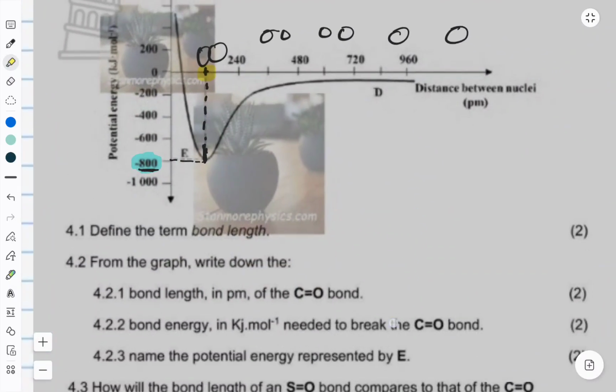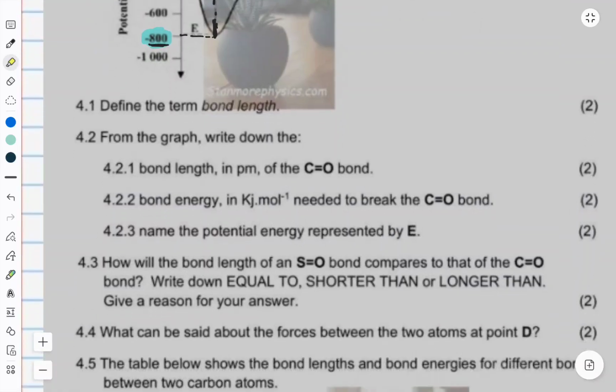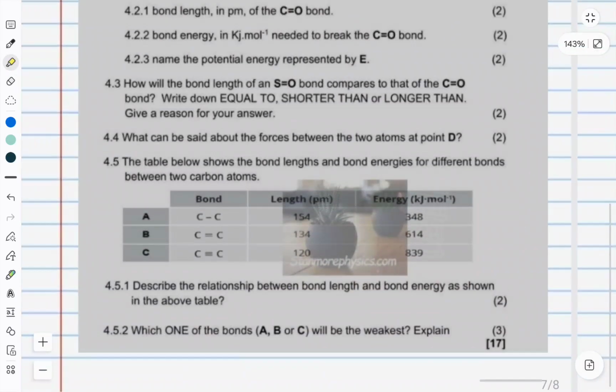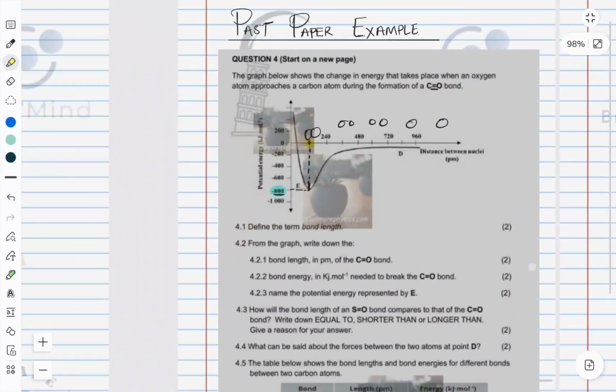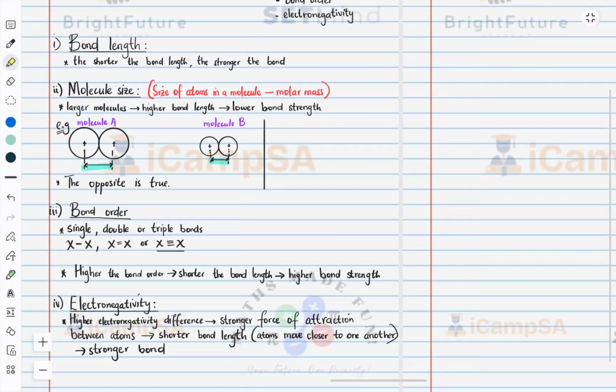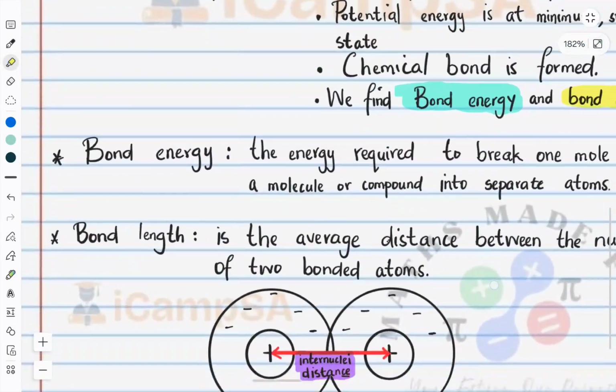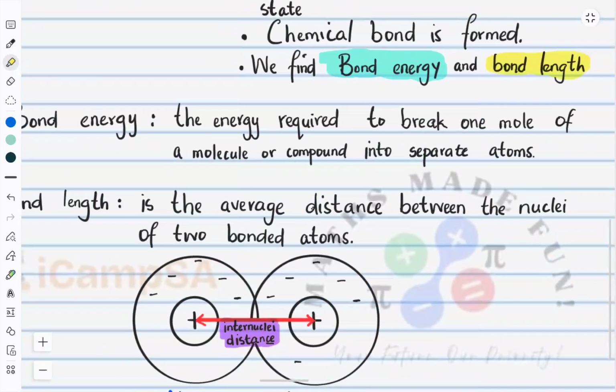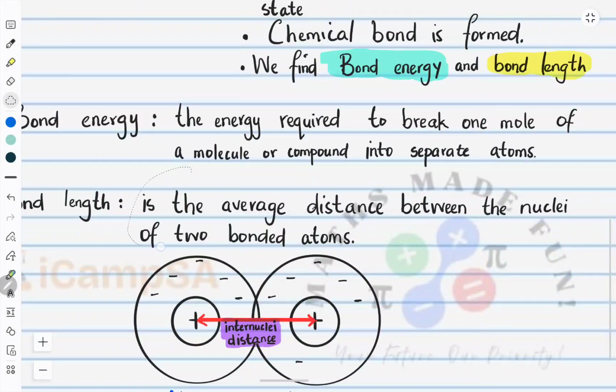So now, define the term bond length is our first question. We've already defined what bond length is, so I'll just go ahead and take that. In this lesson, we've already defined it.